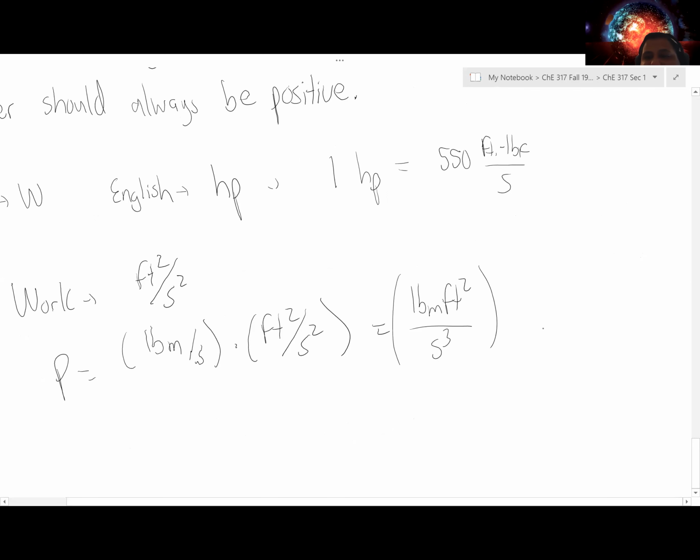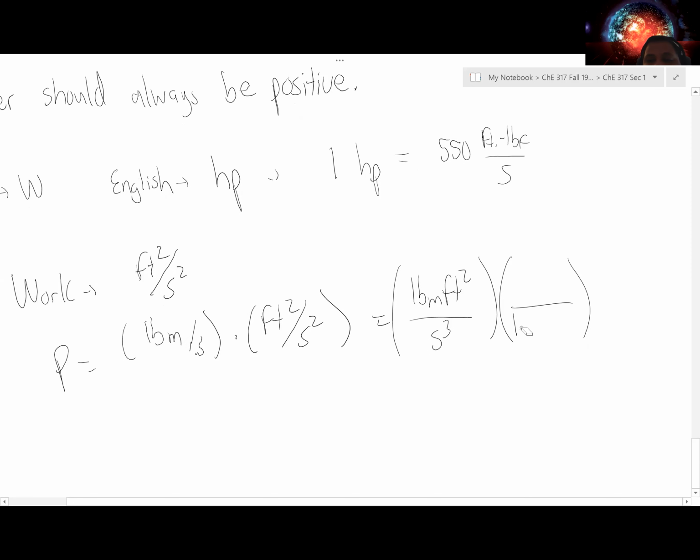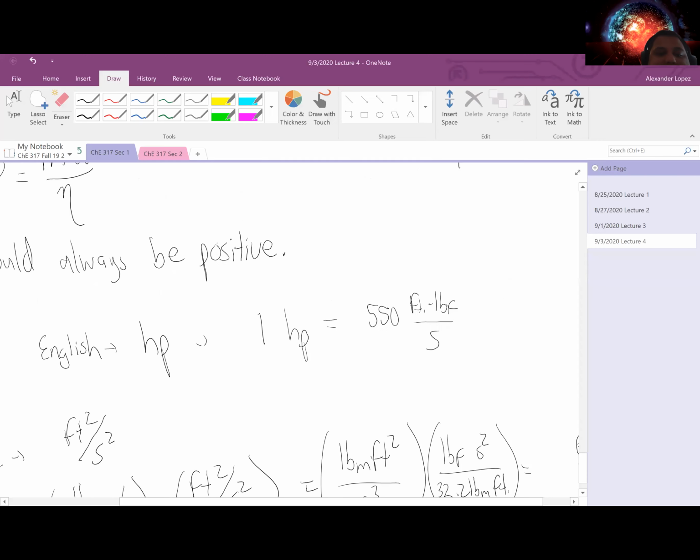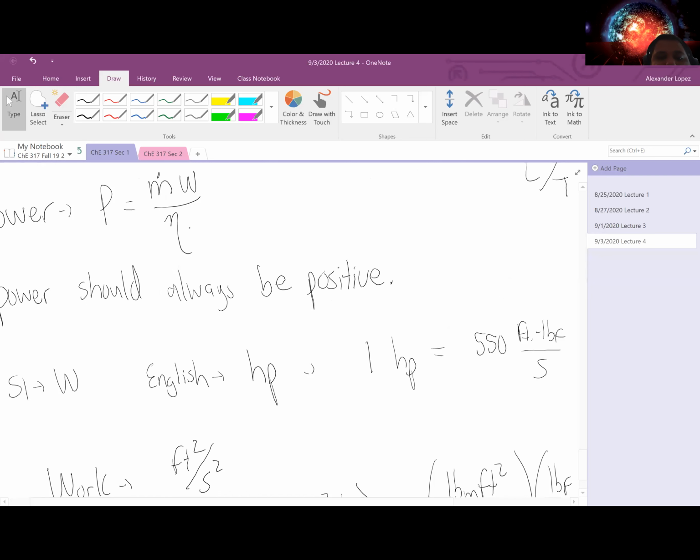So in order to get to the right unit, I'm going to have to divide by g sub c, which is 32.2 pound mass foot per pound force second squared. I do that, and then, and only then, am I left with foot pound force per second. So if it helps when you're looking at your power equation, you can sneak in that g sub c right there to let you know that you're going to have to do some unit conversions.